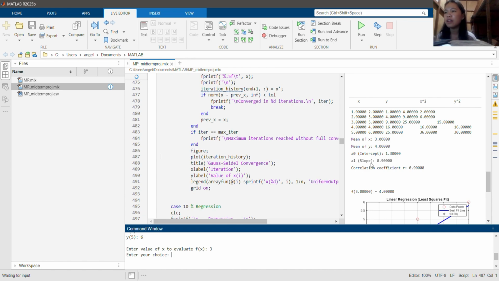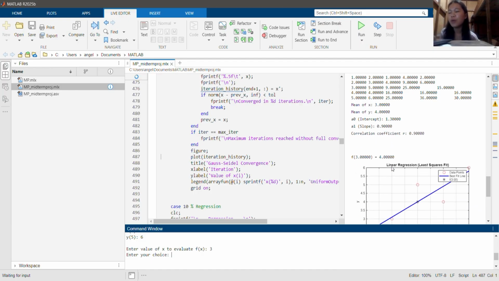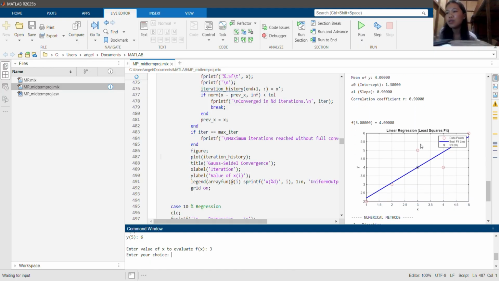The a sub 0 is 1.30000, and our a sub 1, or the slope, is 0.90000, and the correlation coefficient r is 0.90000. Here's our graph for the linear regression.